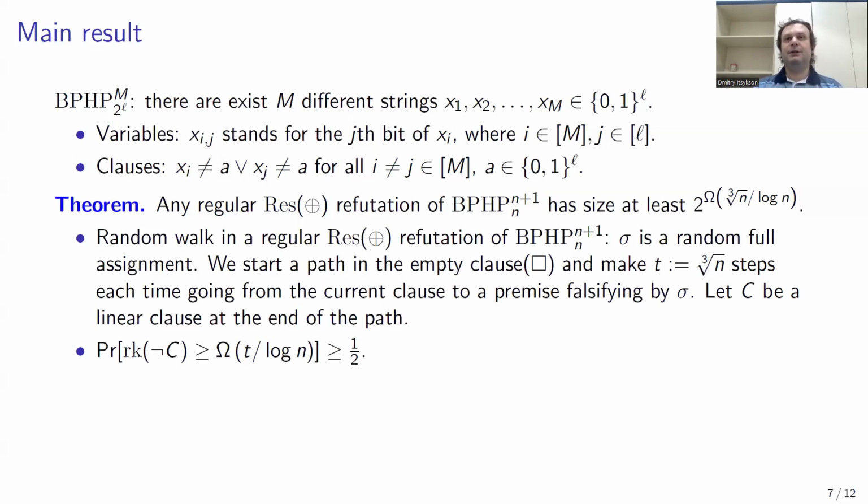Each time we go from the clause to a premise of this clause that is falsified by sigma. When we say t steps, we count only applications of the resolution rule. Let C be the clause where we stop. The first step is to prove that the negation of C, recall that it is a linear system, has a large rank with probability at least 1/2.